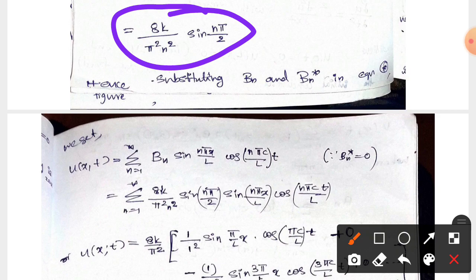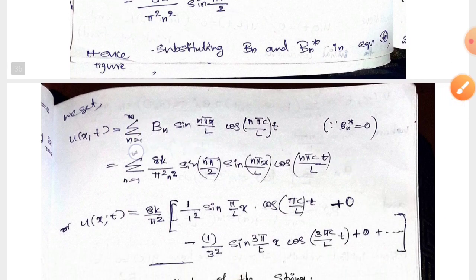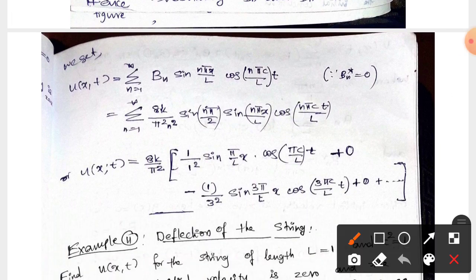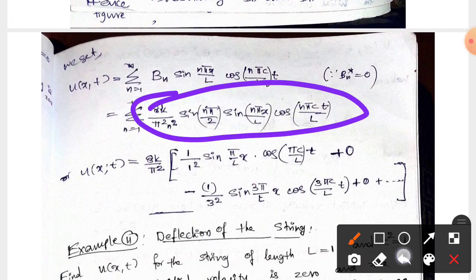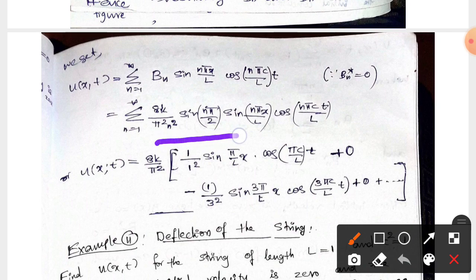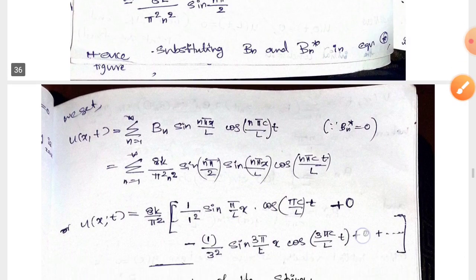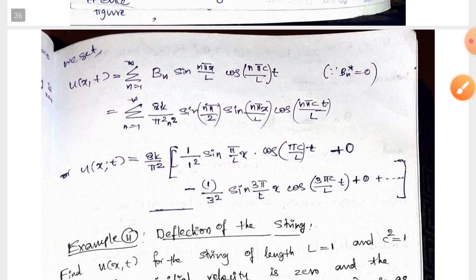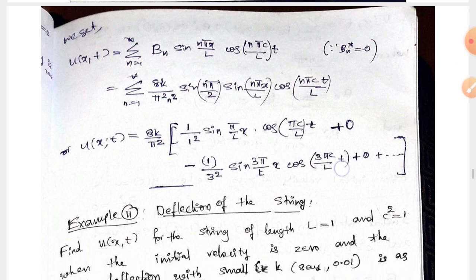After substituting and after some rearrangement, what we'll get is 8k by pi square n square sin n pi by 2 sin n pi x by L cos n pi c t by L after substituting the value of Bn.